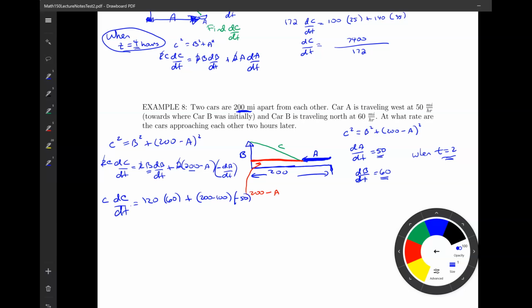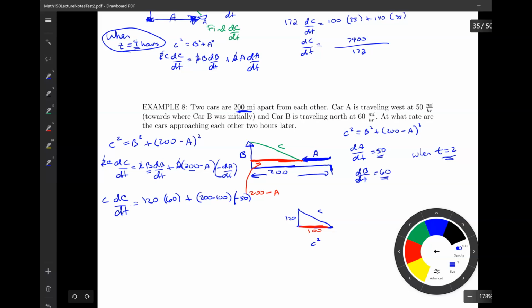All right, so now I can draw my little triangle. So B is 120. This distance here, because that's what I need to find this C, right? This red distance is what I need to find the triangle. So that red distance is 100.